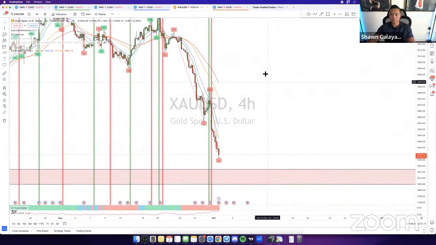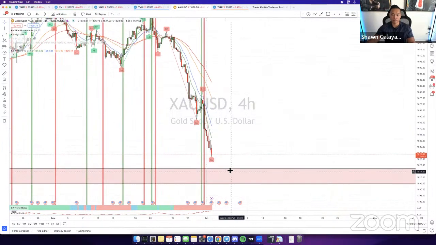Areas to look out for the bounce would probably be this zone right here. The low point would be at 1,805, the lowest point from there. If you're looking to catch a bounce here, Alan, it'd be around this area, because this is going to be the daily support.